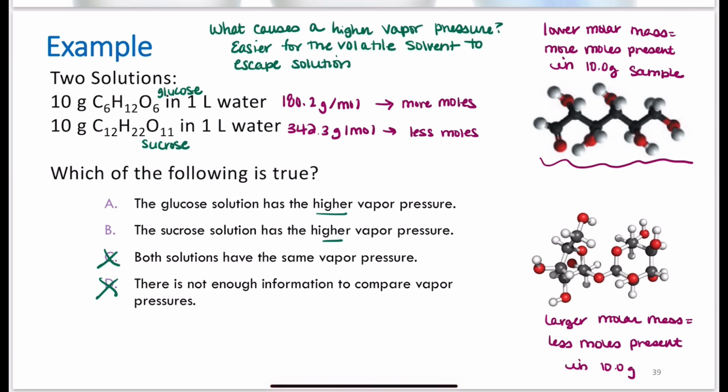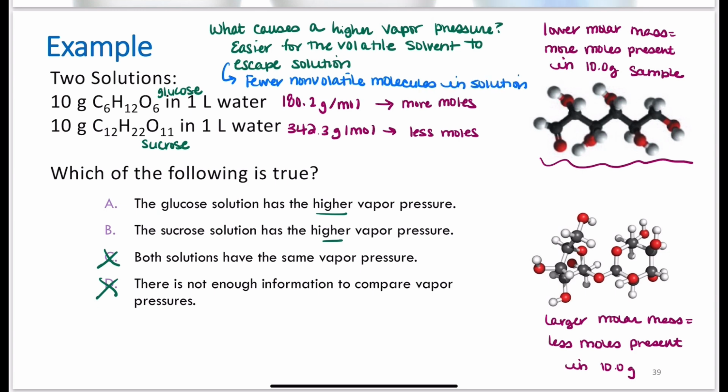What would allow something to be easier to escape? Fewer molecules that are non-volatile holding it back. So what causes this? Fewer non-volatile molecules in solution.